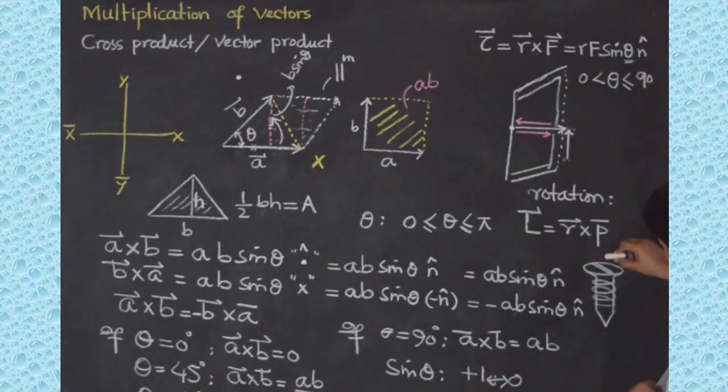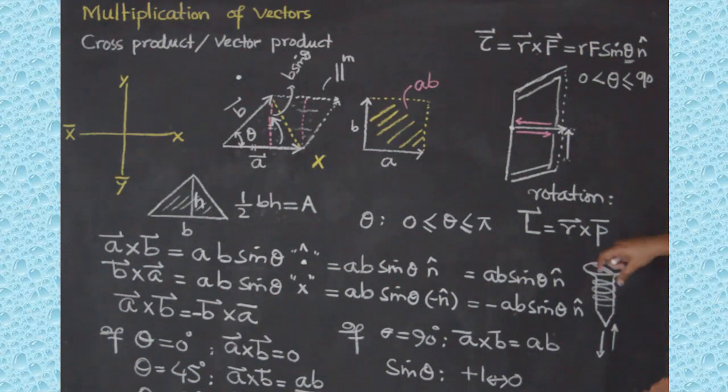Now if I move this screw in this direction, then it will go into a surface, and if I rotate it this way, then it will go out of this surface.